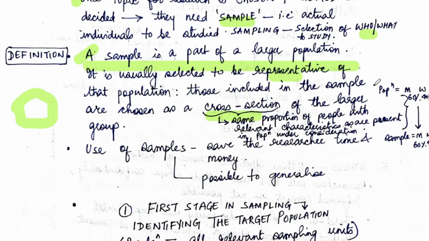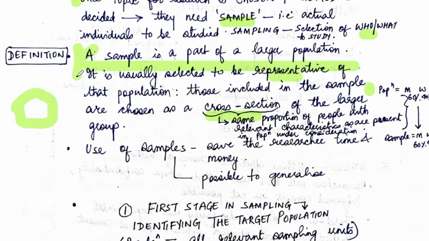For example, if the entire population has 60% male and 40% female, then when we are trying to draw a sample out of it, the sample should also have male as 60% and female as 40%.